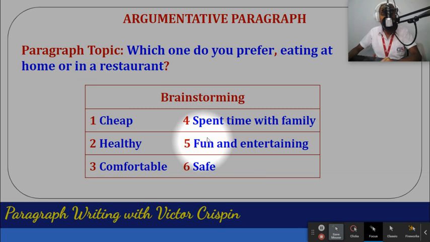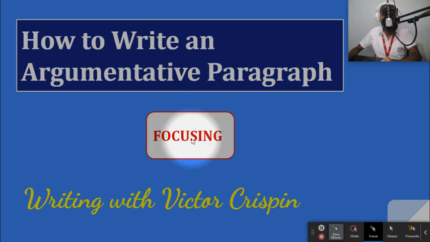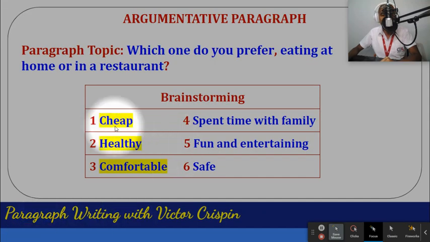So the next stage is to focus. Basically, it's called focusing. Focusing is basically to choose three supporting ideas out of the six that I have. In this case, I decided to use cheap, healthy, and comfortable for my supporting sentences.